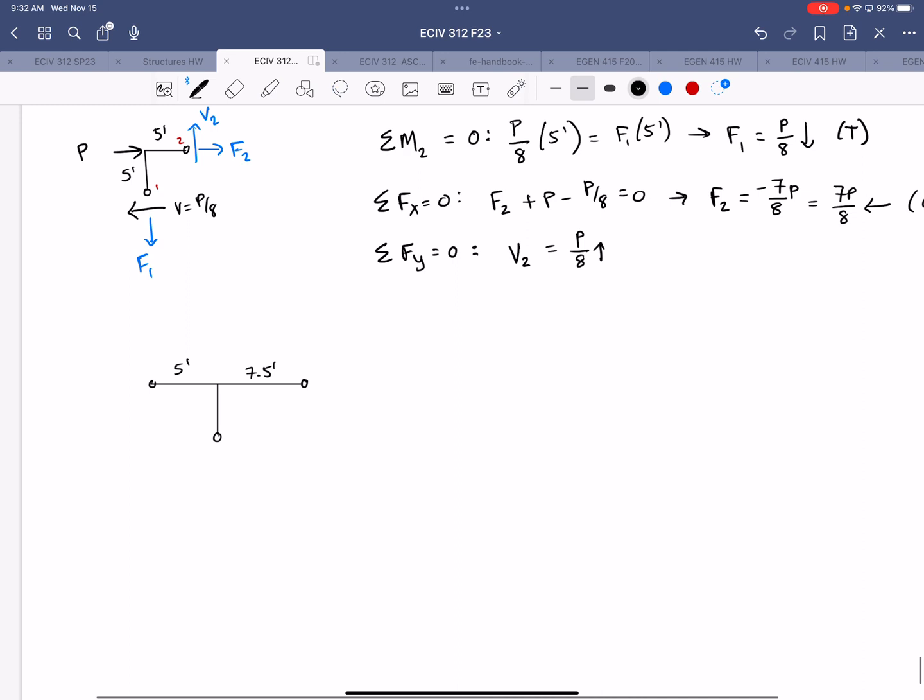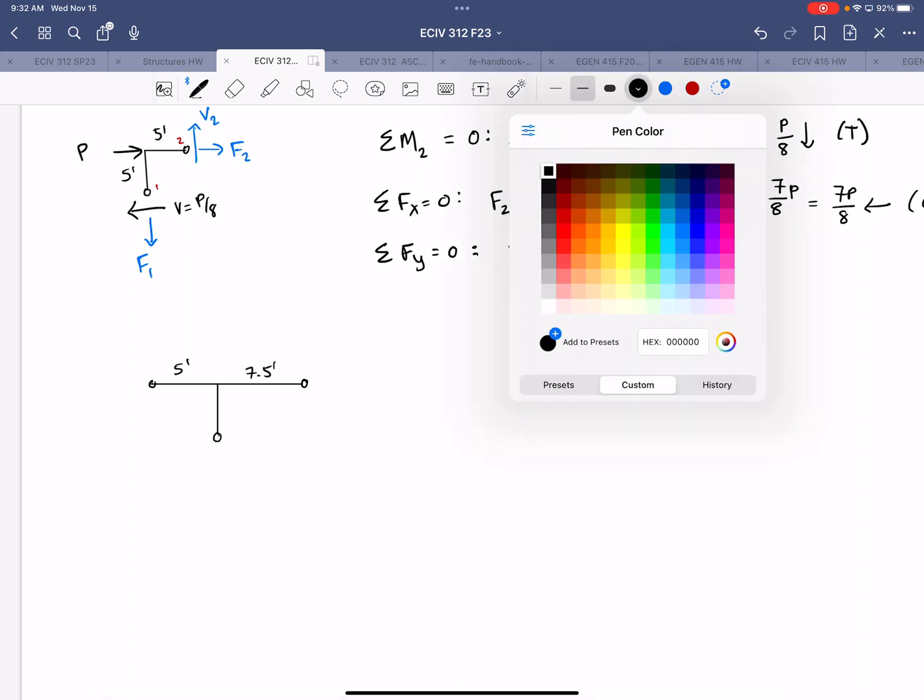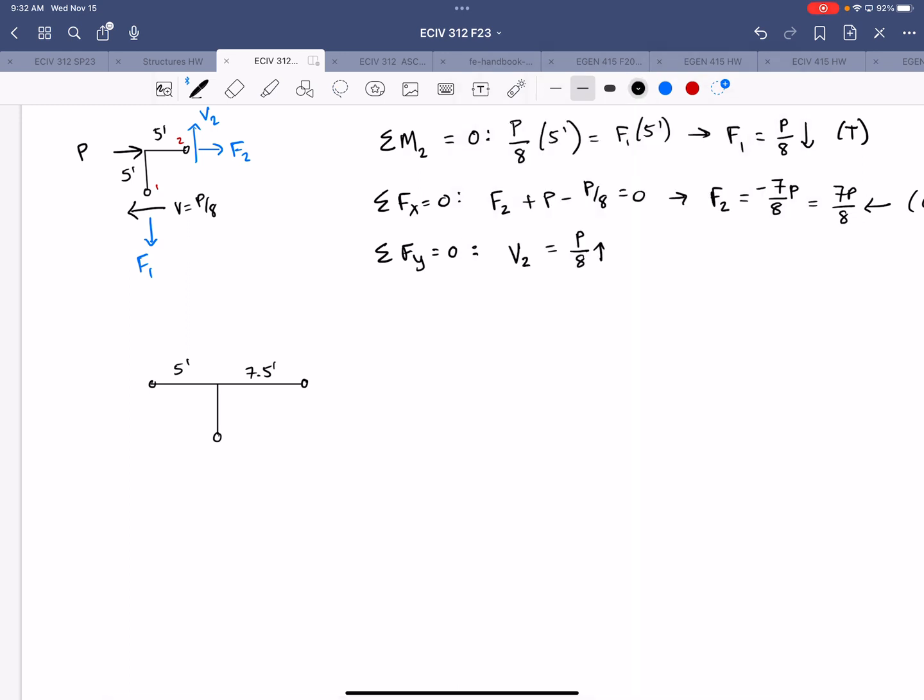All right, so now we know F2 is putting that beam in compression, and that was 7P over 8. All right, so we already found that. V2, we're just transferring that equal magnitude opposite direction, so that'll be down on this side, and that's P over 8.